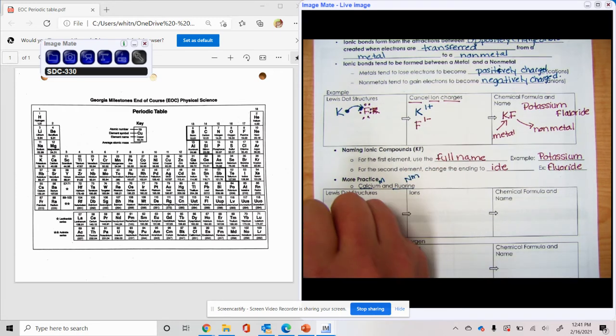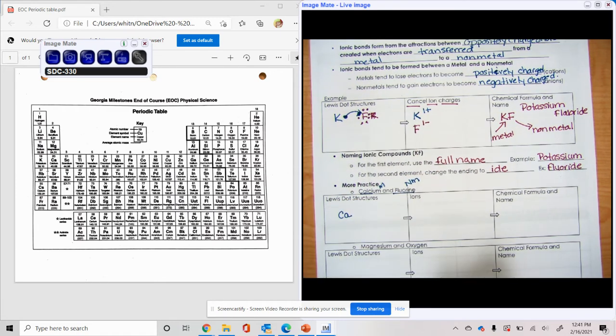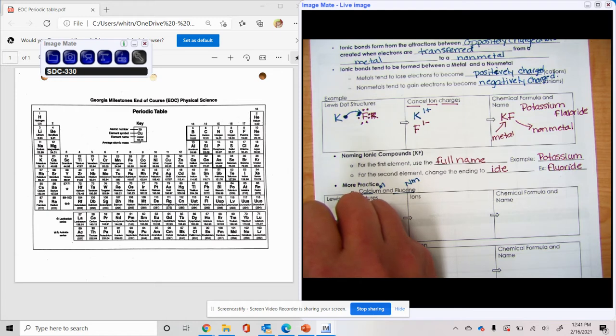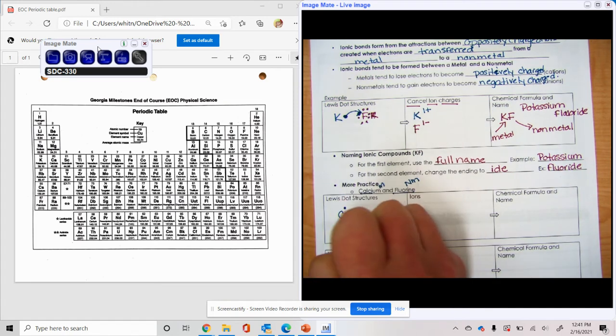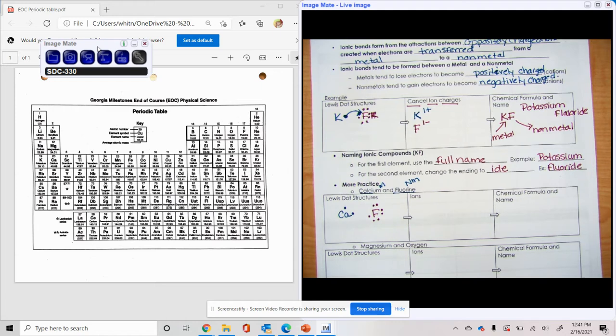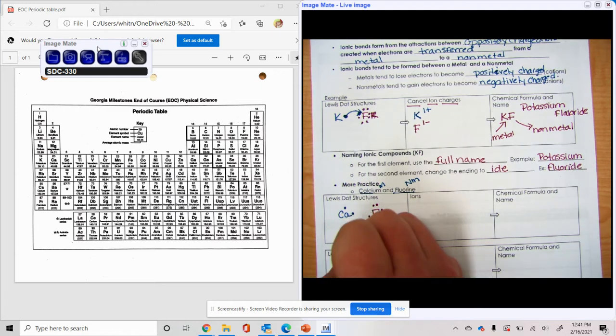So calcium, Ca, has 2 valence electrons. Okay, and from before, fluorine is in the 17th column, so it's going to have 7 valence electrons. All right, now remember, fluorine wants to get 1. So if calcium has 2, it can give up 1 here.